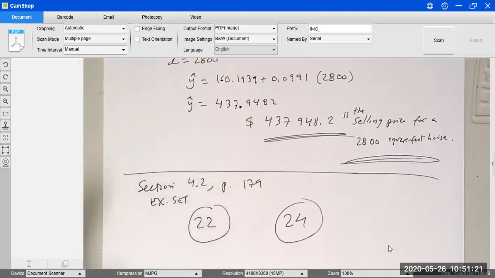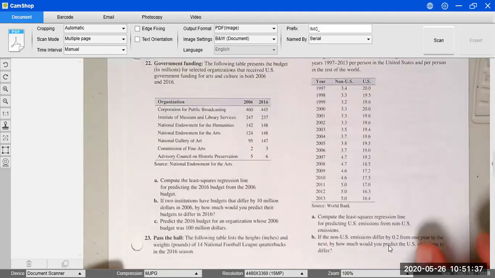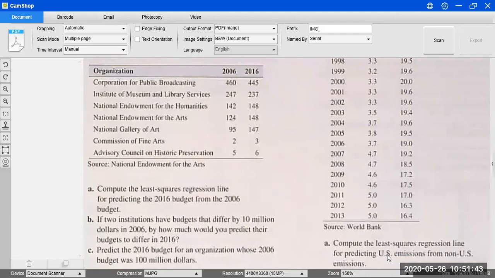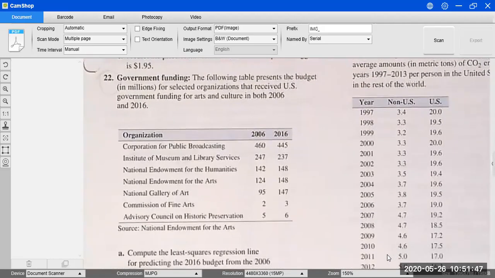This is just a continuation of the problems that you solved before about carbon dioxide footprint and something like that. So let me show you the problems. First, 22 is about government funding.